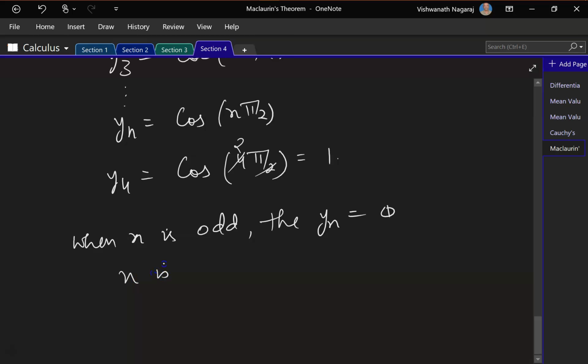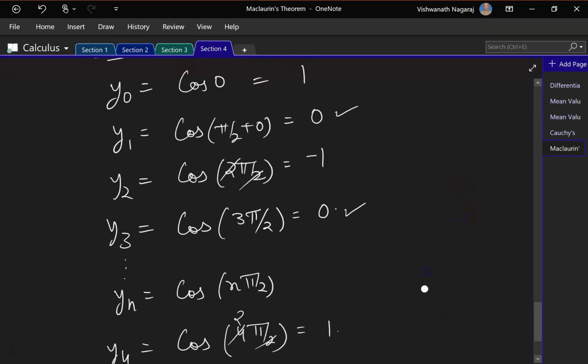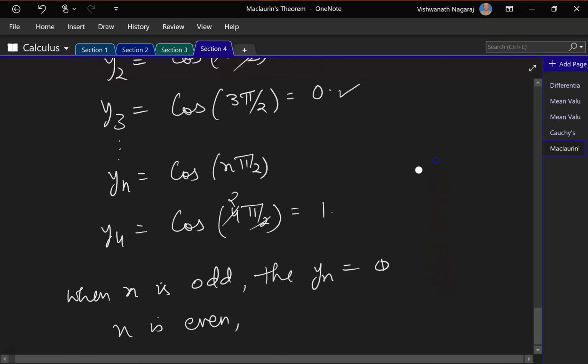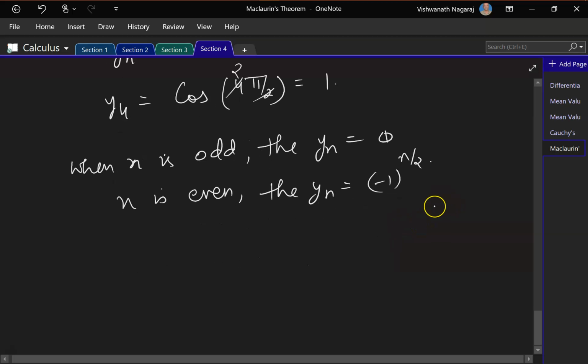Now when n is even, the thing is, it is going 1, minus 1, 1, minus 1. So now this we can write as minus 1 to the power of n by 2.